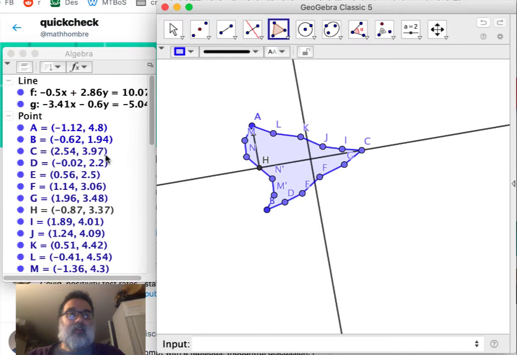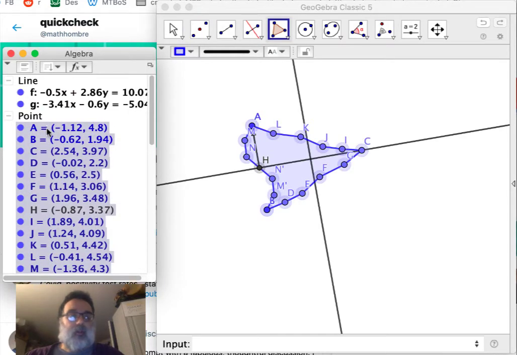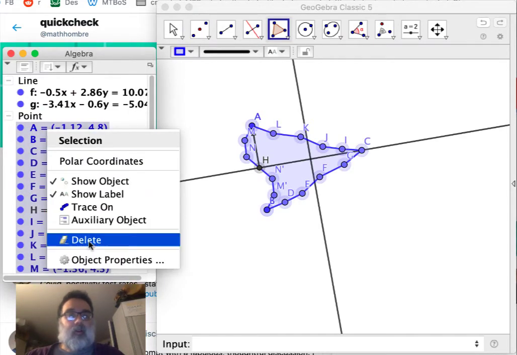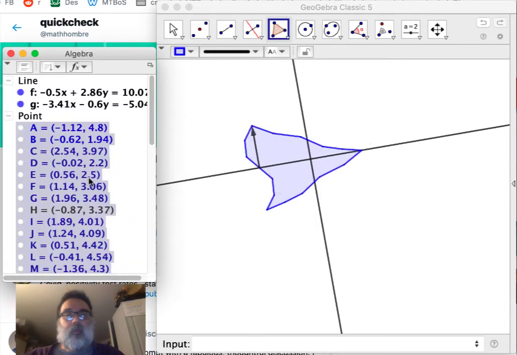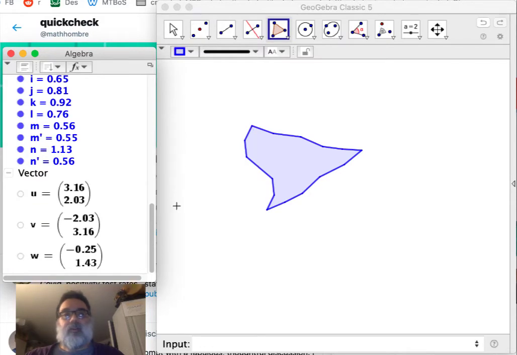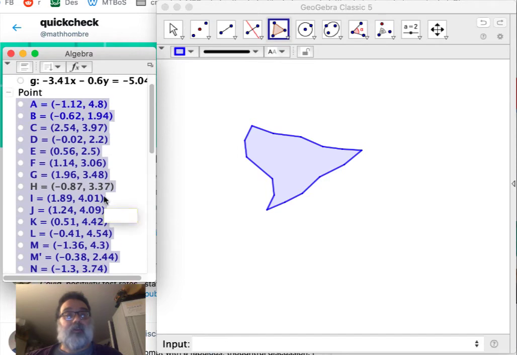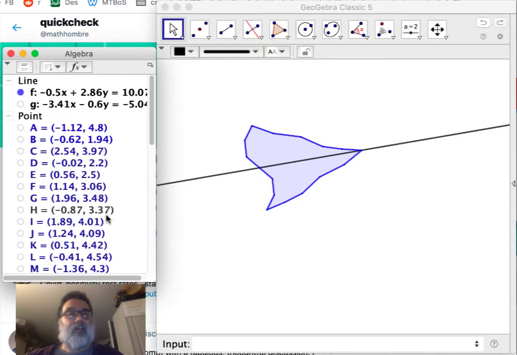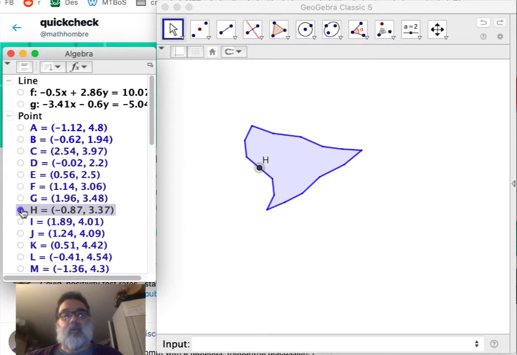So a lot of times I like to kind of hide these points for when we're doing the operations. So I don't think I need these lines showing anymore. Get rid of this. That's a lot of the noise. Now I do want to remember kind of the points I was using. So point H, what did I do? I left a line. All right. And remember, point H is the point that I want to do the rotation around.